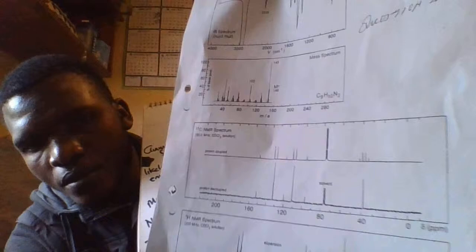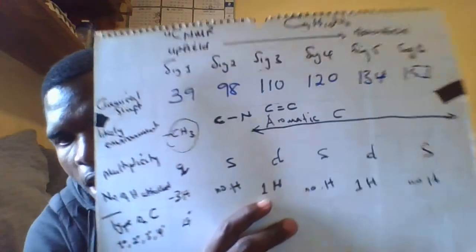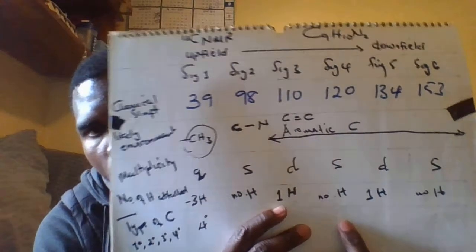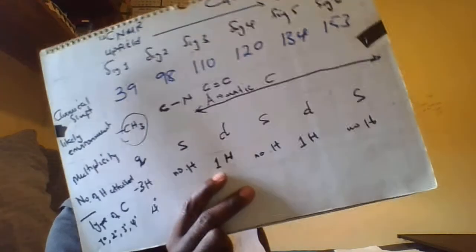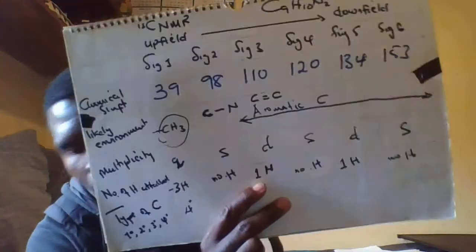Normally the shielded carbons appear at a low chemical shift value, which is the upfield side.